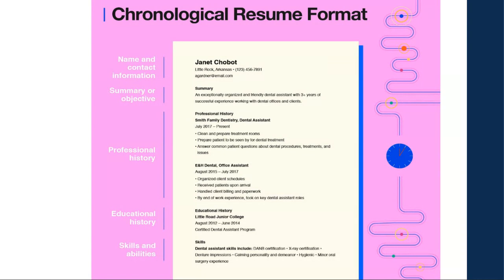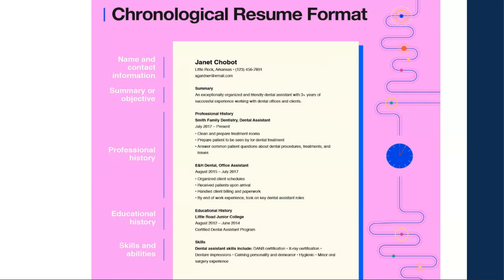All right, so what she has done here is she has given her professional history first, her work experience. If you look at that clearly, under professional history, first she mentioned July 2017 to present. That means the most recent, latest thing she has done.